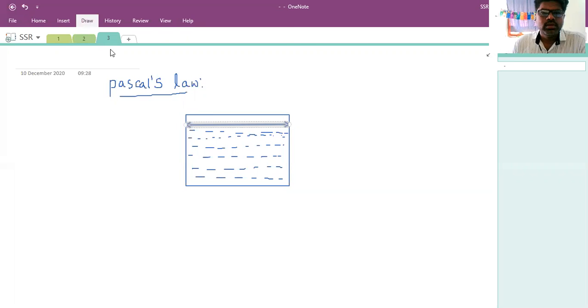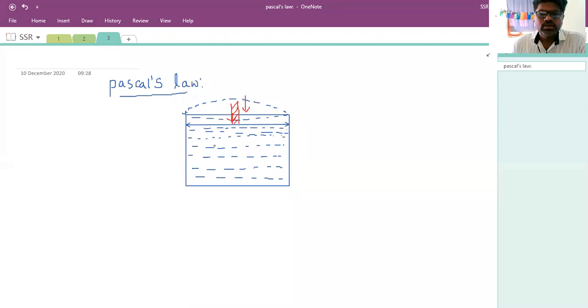Now above the piston there is a force acting vertically downwards. The piston has a handle, suppose, and with respect to the handle there is a force acting like this. So this is like an open end, you can imagine. On the open end there is a piston.